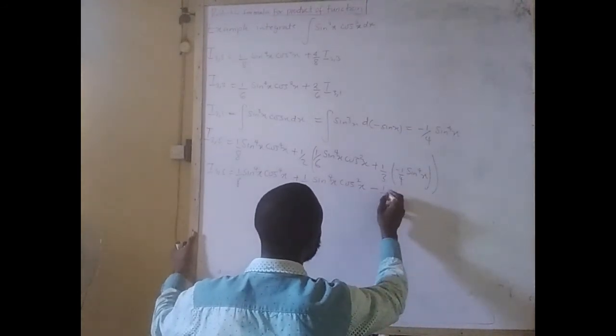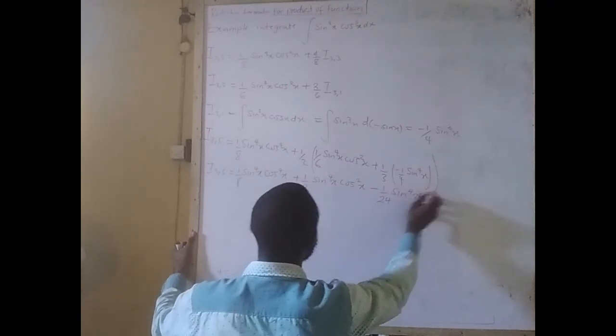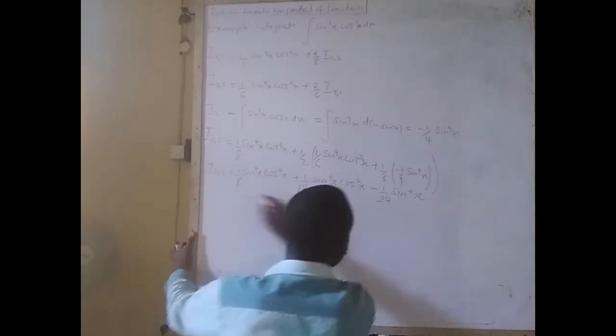This is 1 over 24 sine power 4x. This is the solution.